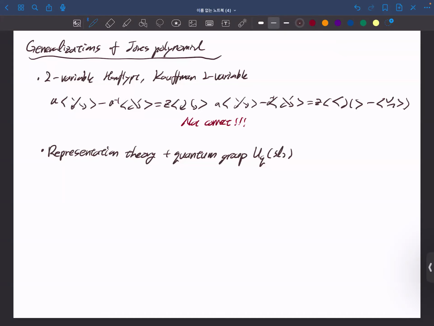Basically, they are defined by representation theory and quantum groups, and it is a kind of generalization of the original definition of the Jones polynomial. From here, we obtain the Reshetikhin-Turaev invariant, and the colored Jones polynomial we obtain here. And there are other ways to generalize the Jones polynomial. Our goal today is to introduce what the colored Jones polynomial is.